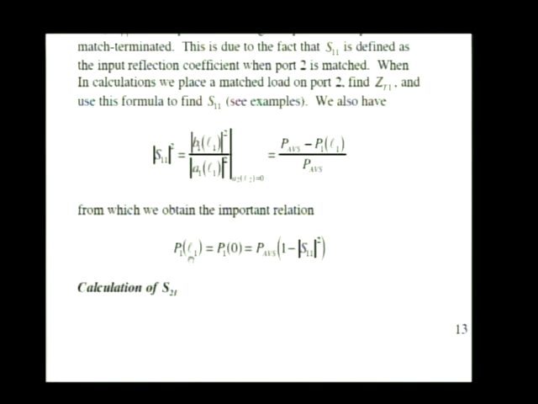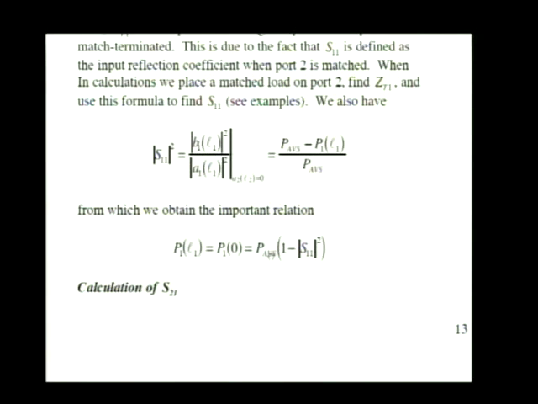That means that the total power incident at port 1 is the power available from the source minus this multiple of the power available from the source, magnitude S11 squared times the power available from the source.